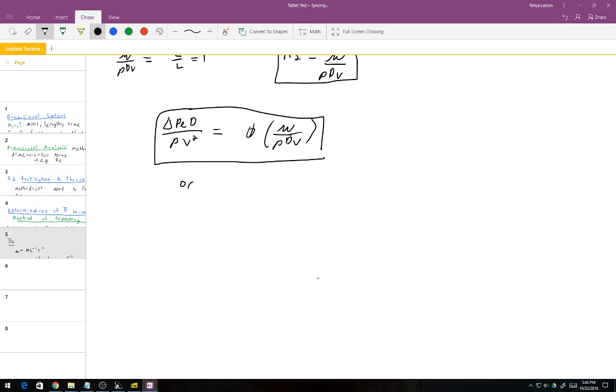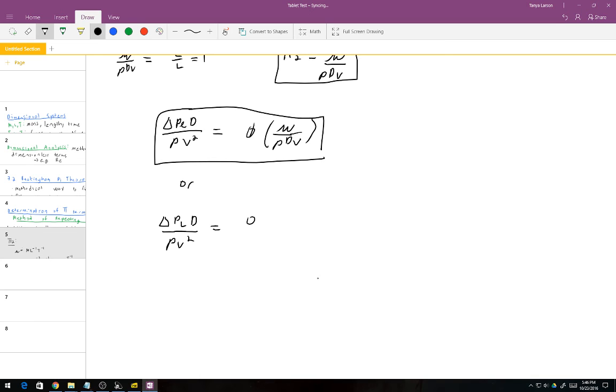Or I could also say that because these are dimensionless quantities, it actually doesn't matter, on the right side at least, which is in the numerator. So over here I want to keep my independent variable in the numerator, so I'm not going to flip this over rho V squared.